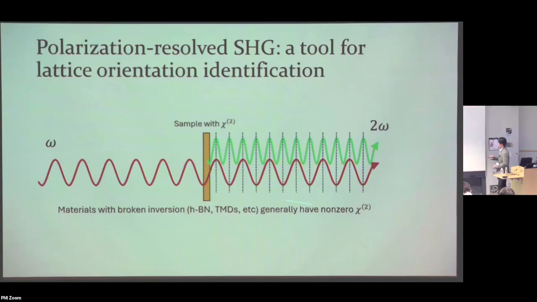This is described by the so-called chi2, the second order nonlinear coefficient of any particular material. And this is non-zero only for materials that have broken inversion symmetry. So if you just take graphene, there is no chi2 because it's an inversion symmetric material. But hBN or TMDs, and most other 3D materials, have non-zero chi2.